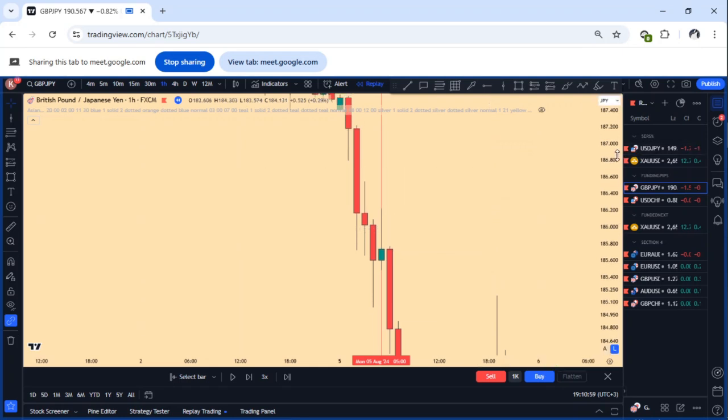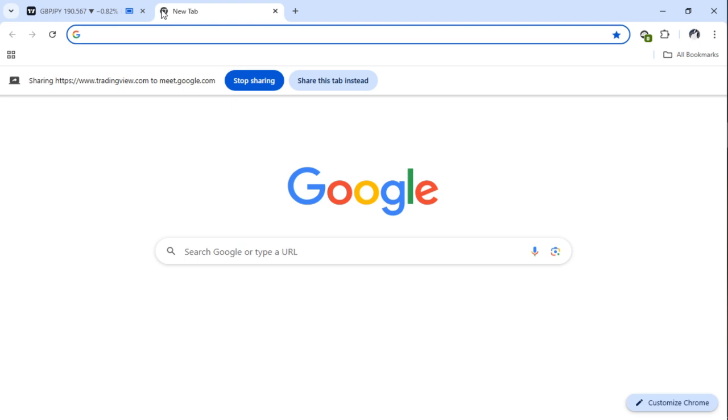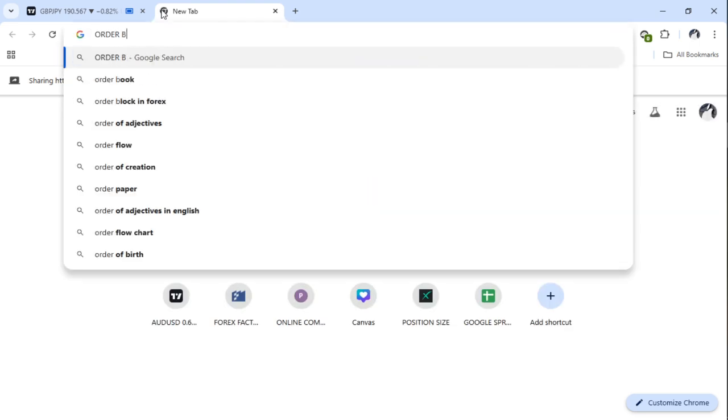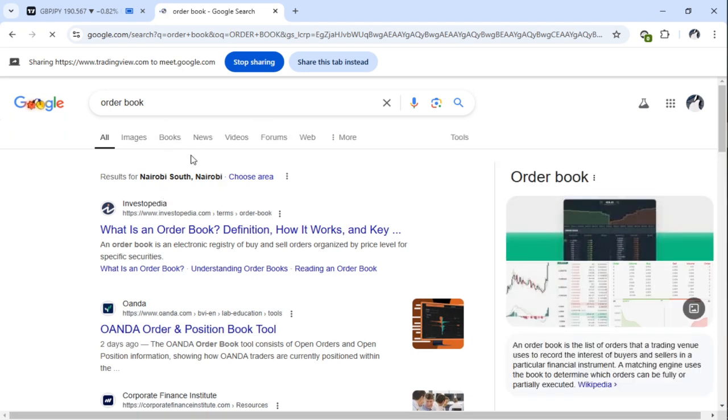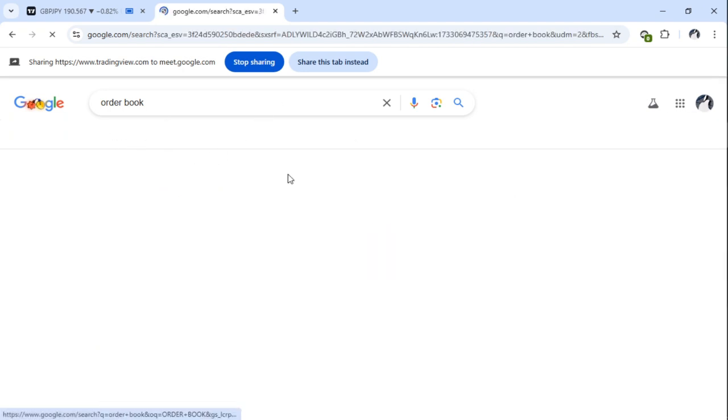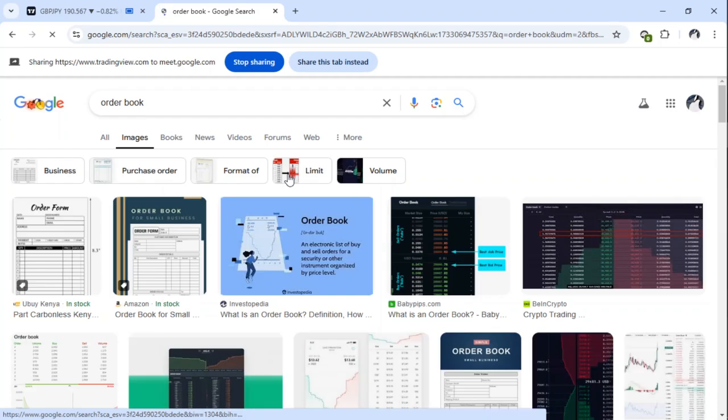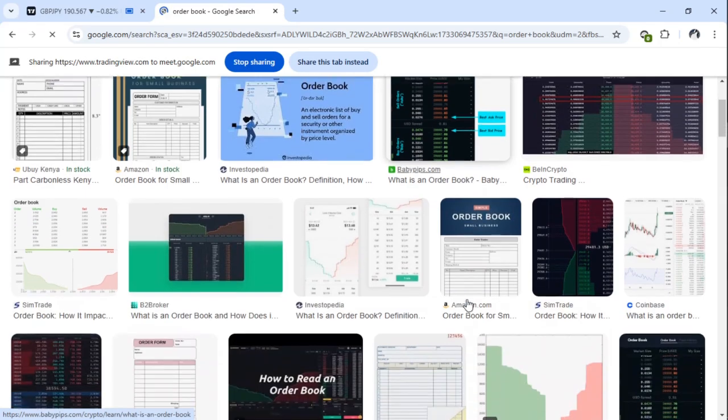But if you watch this thing in every 1 hour candle, a 1 hour candle is made up of 1 hour order book. Let me search for something called order book so that you can see how order books are arranged. Just a minute. Order book.